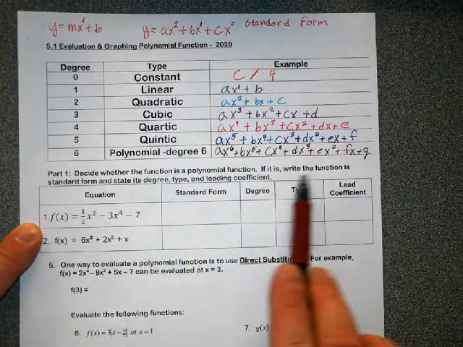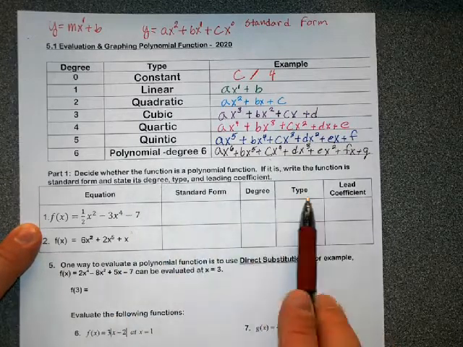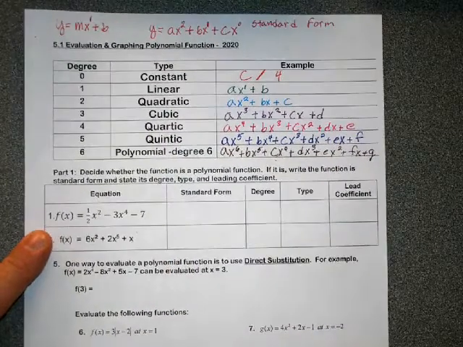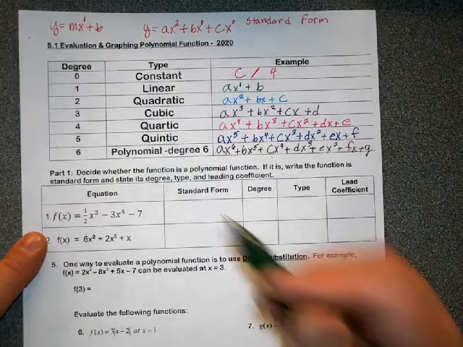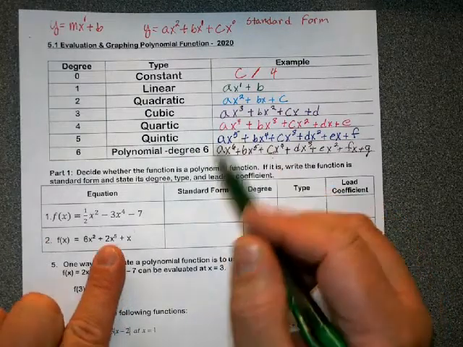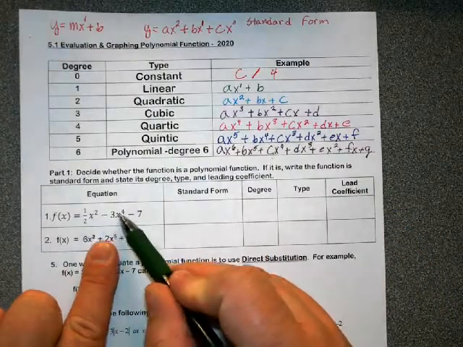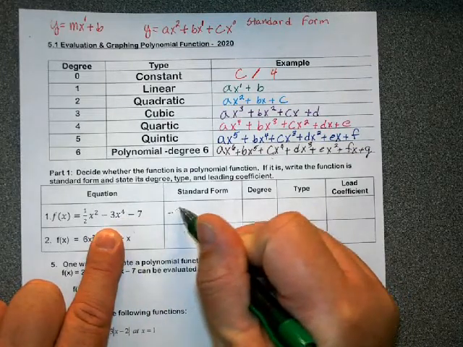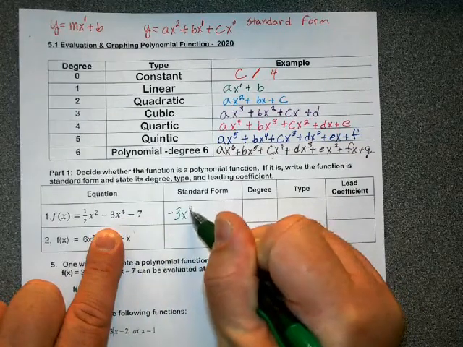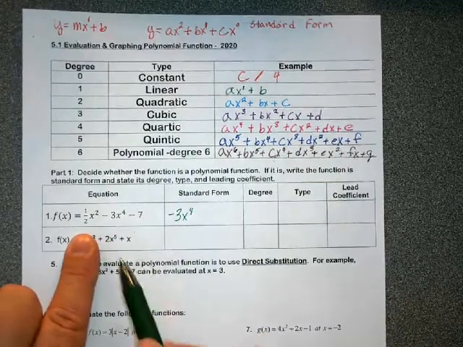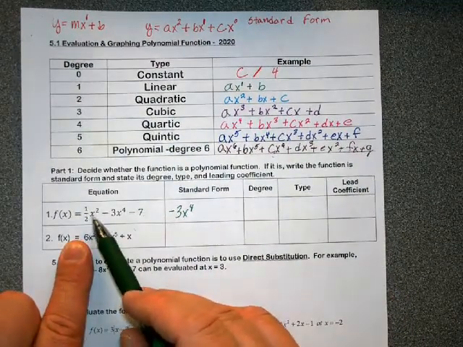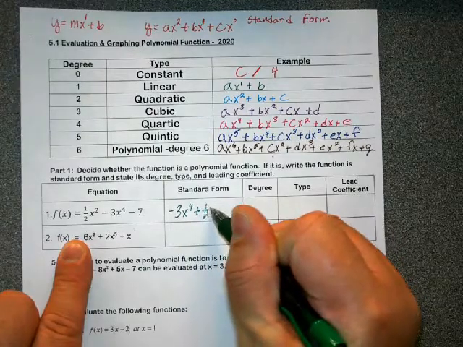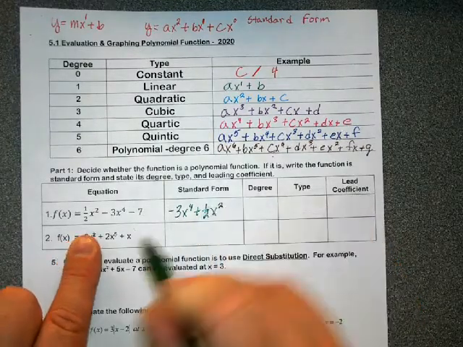So, to write in standard form, and give the degree, type, and lead coefficient, the first thing you have to do is put it in standard form. Okay? Highest degree first. So my highest degree is this negative 3x to the 4th, right? And then my next highest is going to be 1/2 x squared, so it's a positive 1/2 x squared. And then I have a constant over here, minus 7.